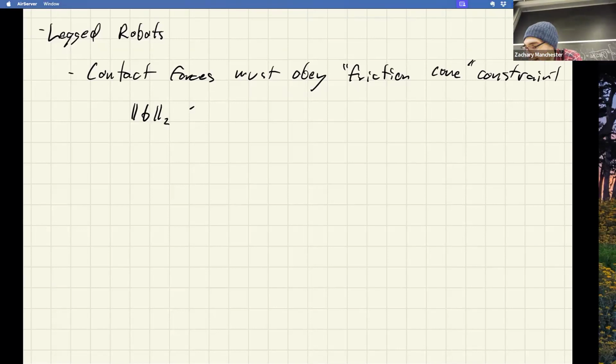The 2 norm of that has to be less than or equal to some friction coefficient mu times the normal force. And that is a standard form second order cone, like we wrote down before. So this guy is the 2D friction vector, and this guy is your friction coefficient.